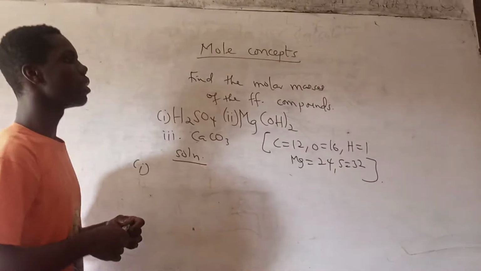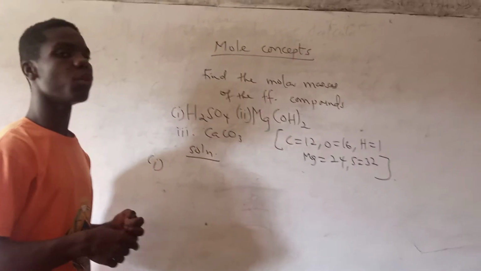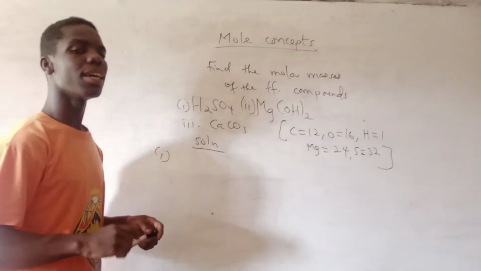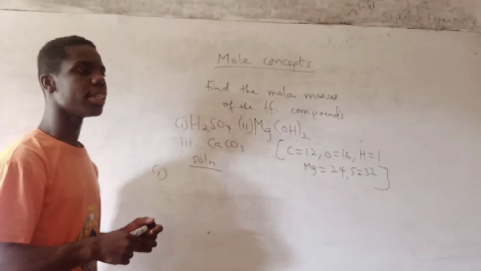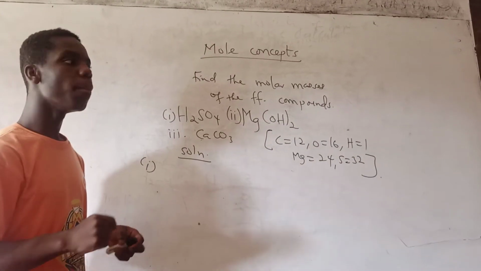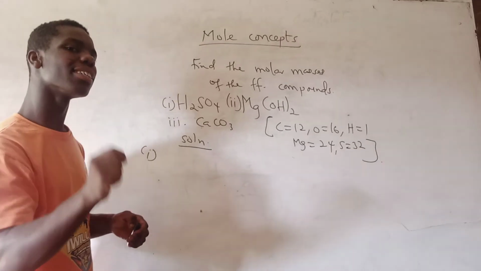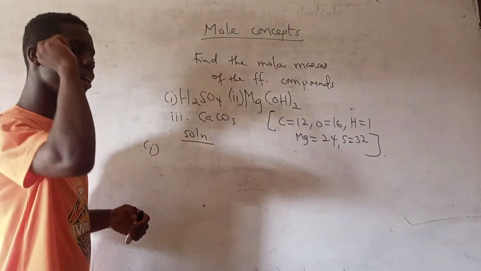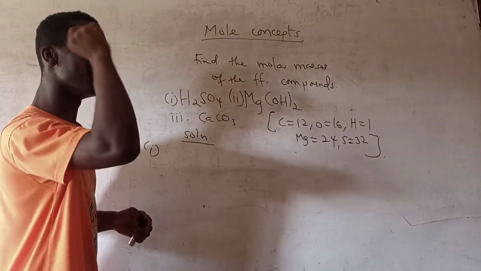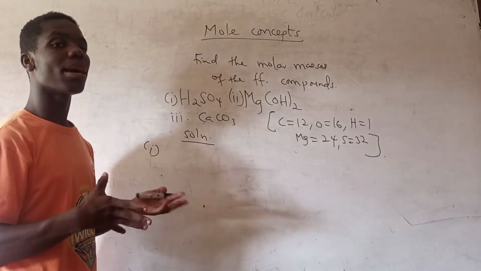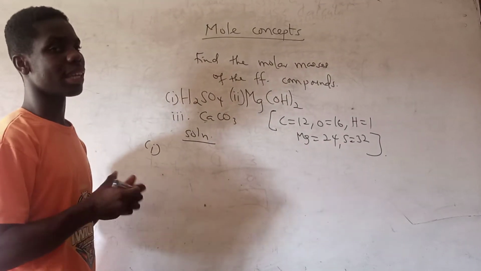The question was, find the molar mass of the following compounds. In molar mass, there is a unit attached, and the unit is gram per mole. But when the question demands relative atomic mass or relative molecular mass, no unit is attached.